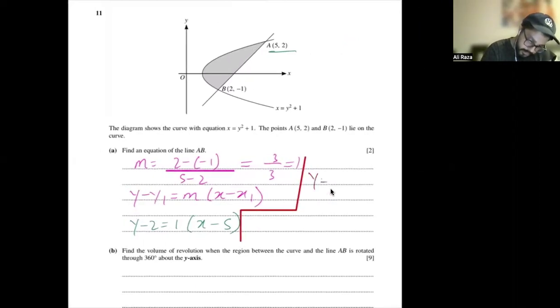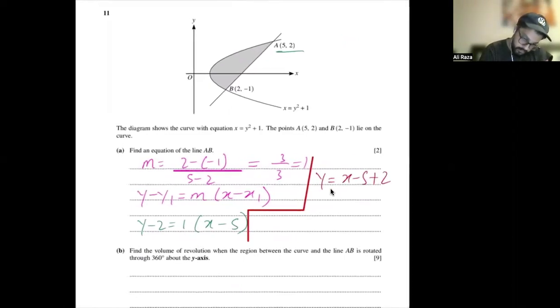Y comes out to be x minus 5 plus 2. The equation for AB is y is equal to x minus 3.